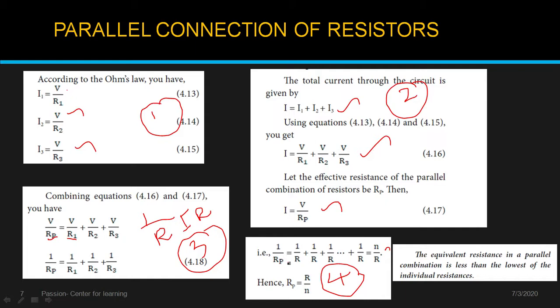Here you have to see the main difference. They ask for parallel resistance, related as 1 by Rp. We need the parallel resistance, which means Rp, so this value gets tilted.